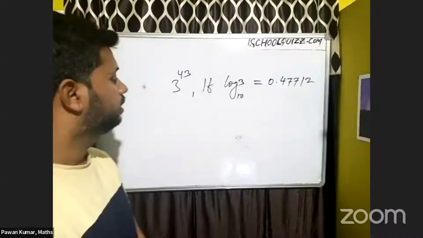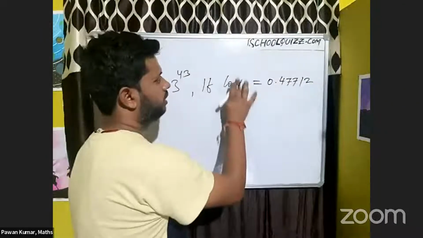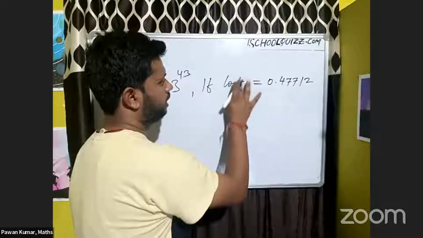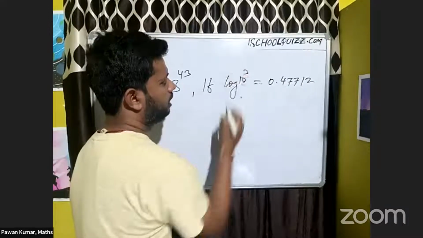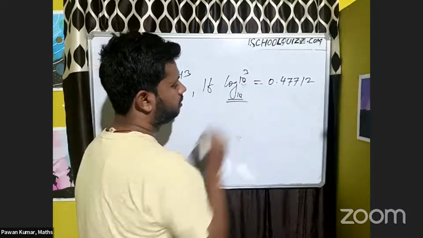If log is 10 to the power 3 is equal to 0.2, how many digits till? Actually, if base is not there and you're writing 3 here, correct? 10 to the power 3, that means these are base. This logarithm base is 10.